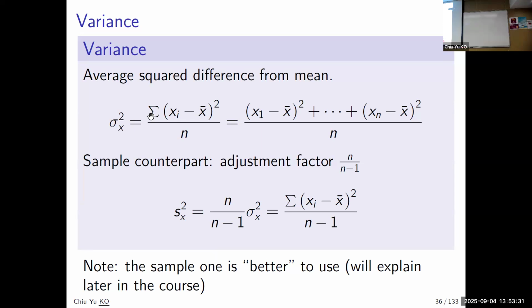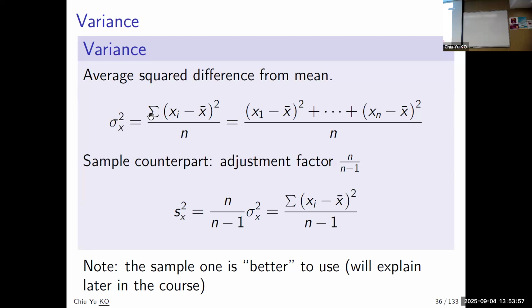So each observation takes the difference from the mean. And this will measure how things are different from the mean, because this is spread out. And what we do is we square each difference and divide by n. It means that, remember, you add every observation over n, that is the average.